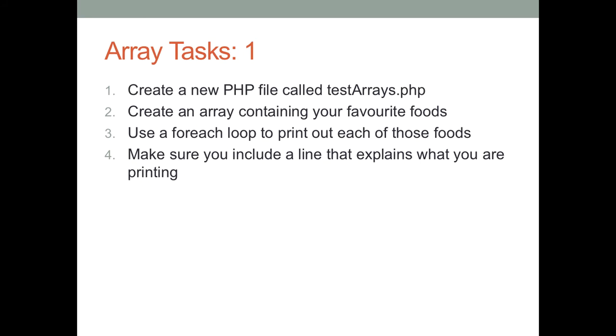It should start with an explanation line like my favourite foods, and it should have enough HTML formatting that it's not all squished up on one line, so make it look vaguely attractive.